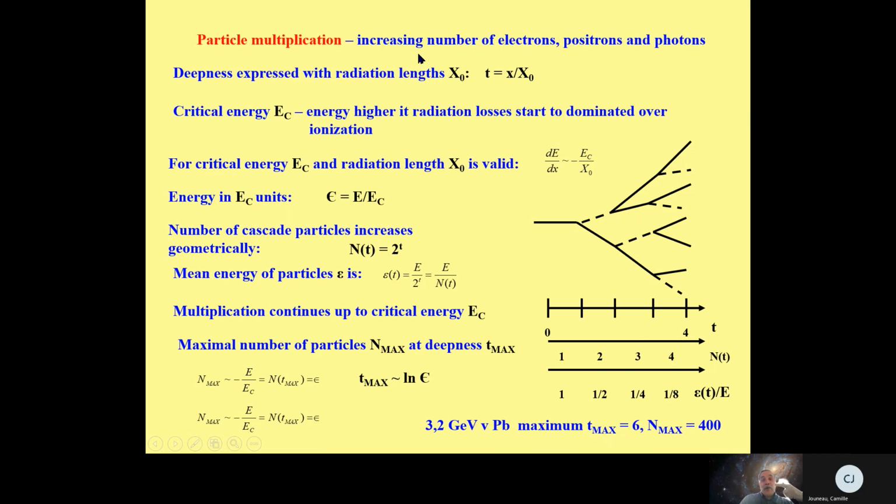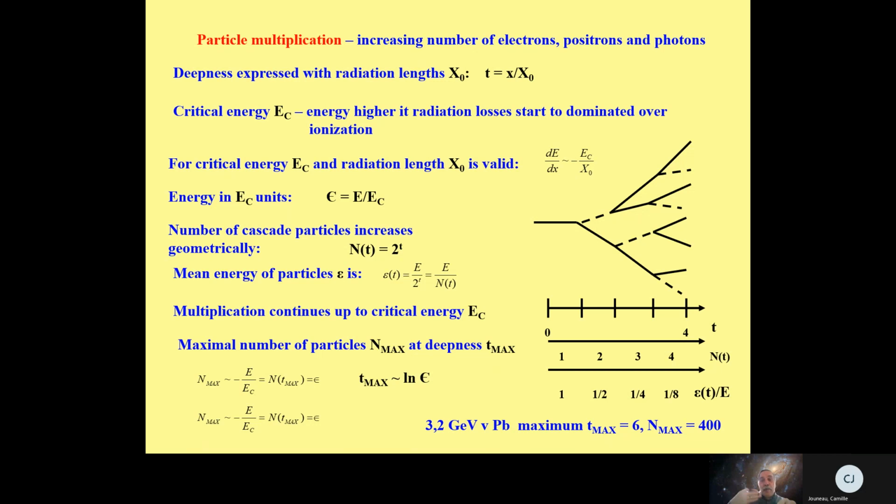By interaction of a gamma you will obtain two particles, one electron, one positron, that means pair production. By emission of Bremsstrahlung radiation, you will have a charged particle and a photon, again two particles.